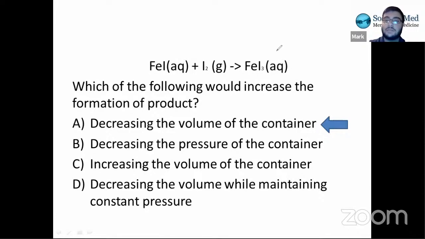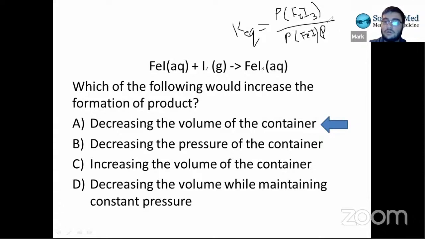First step, I think we should write out the equation. So K_q, and that's how we would know increasing the formation of product, is by increasing K_q. K_q equals the partial pressure of the product, which is FeI3, over the partial pressure of FeI times the partial pressure of I2.